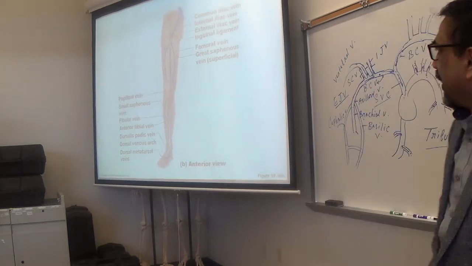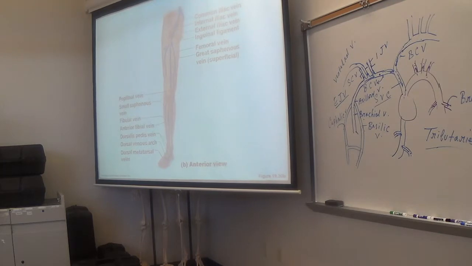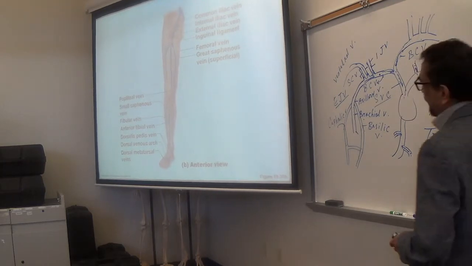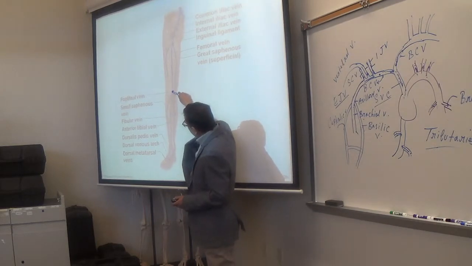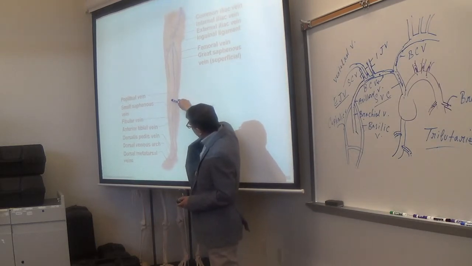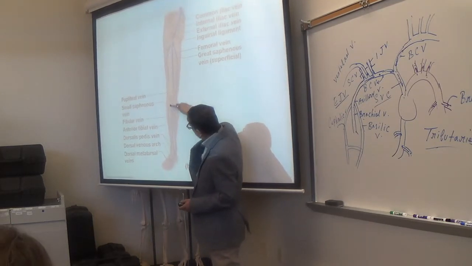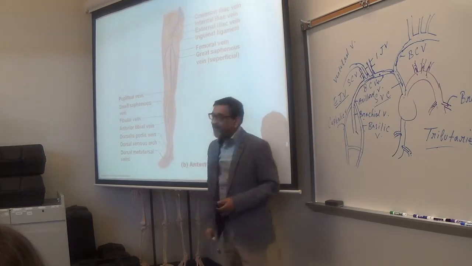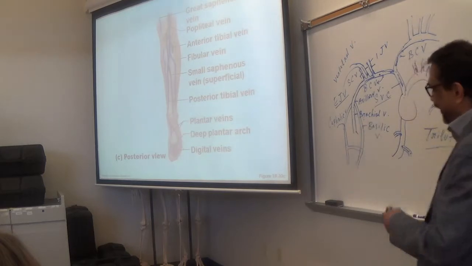Okay, and femoral becomes popliteal vein. This one, and then the popliteal divides into small saphenous, anterior tibial, posterior tibial, as well as fibular. So those are 4 veins here. You can see here clearly.